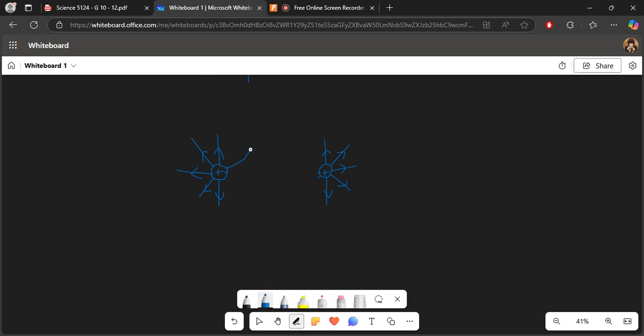This curves away, this curves away, this curves away, and so on. There's going to be a neutral line somewhere.